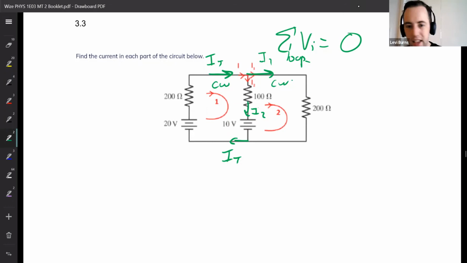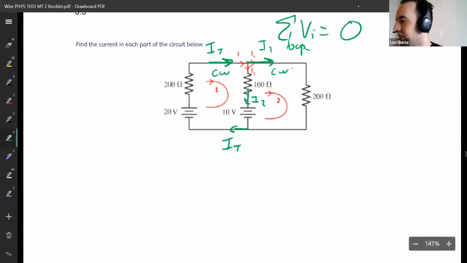So now that we've taken a guess at the currents and we've defined our loops, now we can actually use Kirchhoff's rules. I'm going to start with the junction rule, just because it's the most straightforward equation to apply. Let's look at the junction up here, right in this spot.